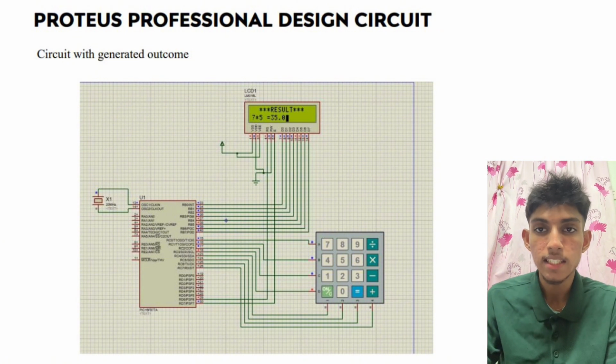As you can see in the slide about the connection and wiring, the keypad is connected to the microprocessor. Each button of the keypad is connected to the microprocessor via general purpose input or output pins. When a button is pressed, it sends a signal to the microprocessor, which interprets the key press as a number or operation. The second connection, as you can see in the slide, is the microprocessor to the LCD screen.